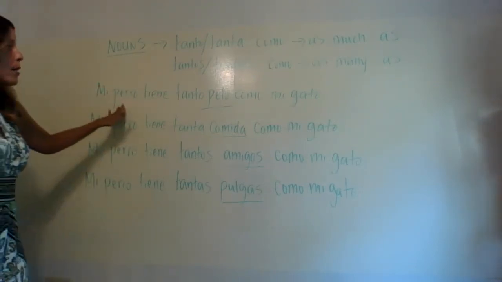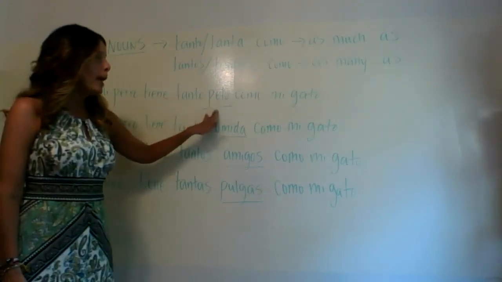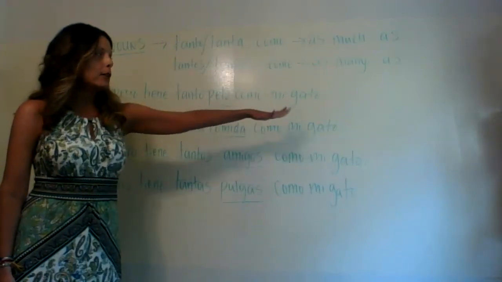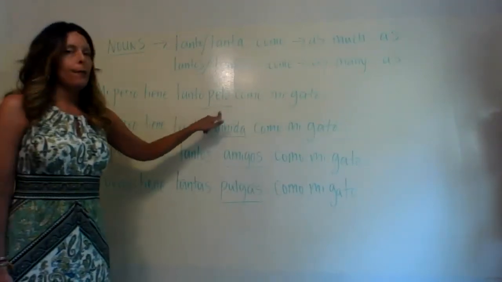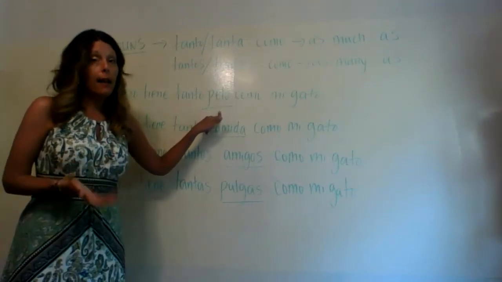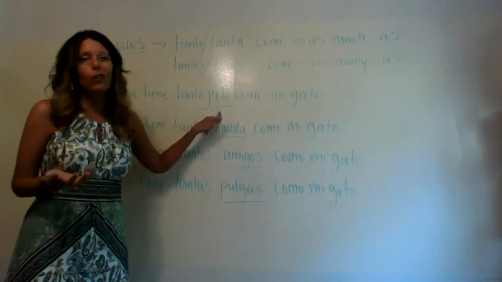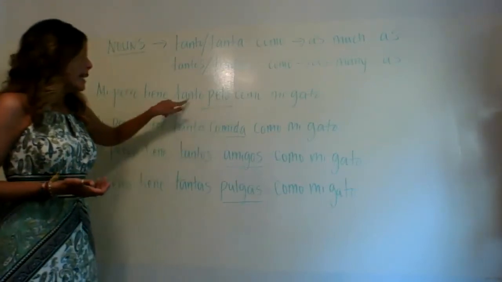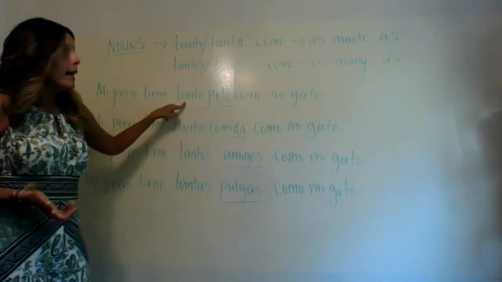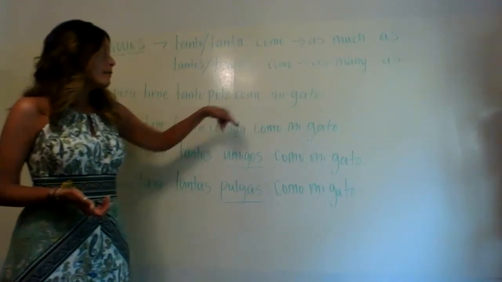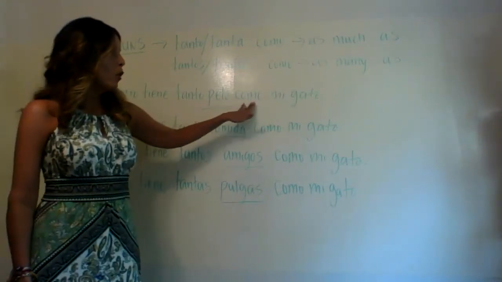So we have mi perro tiene tanto pelo como mi gato. So what would that mean? Remember that pelo is masculine and singular. So el pelo, masculine and singular. That's why our tanto is in its masculine and singular form. And then we have our como right here. Tanto pelo como.